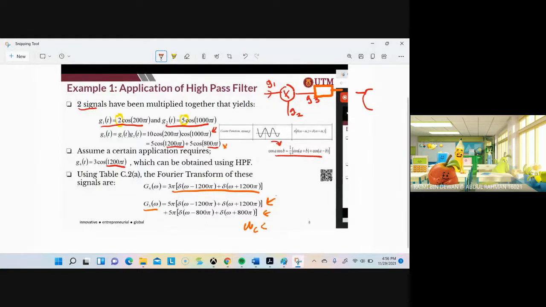Please correct your slide. It should be below 1200 pi, because if you put omega c greater than 800, it will also allow the higher frequencies. So the range is wrong. It should be omega c less than 1200 pi.